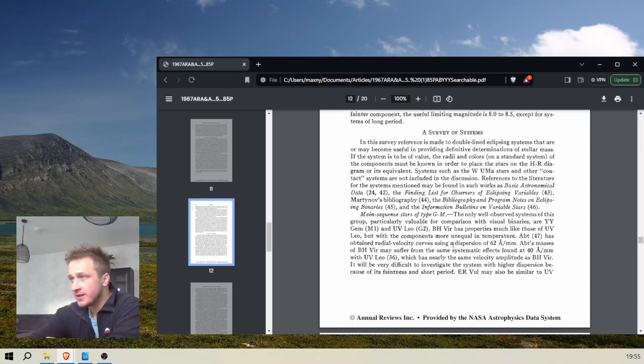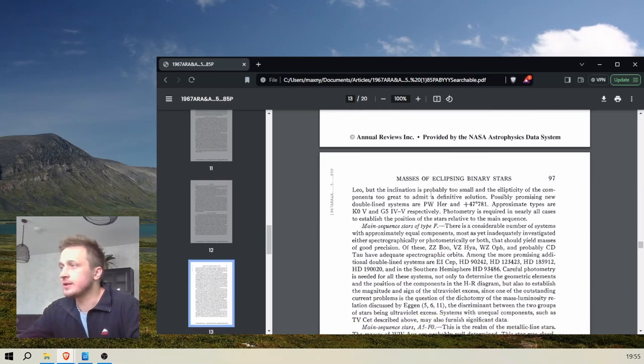AB Andromedae. Okay. So what's he doing here? It will be very difficult to investigate this system with higher dispersion because of its faintness and short period. ER Vul may also be similar to UV Leo.